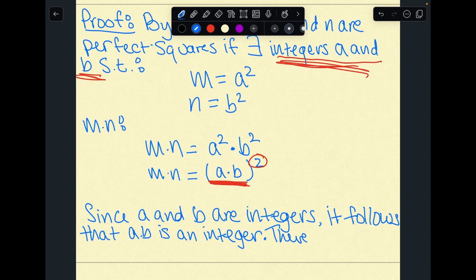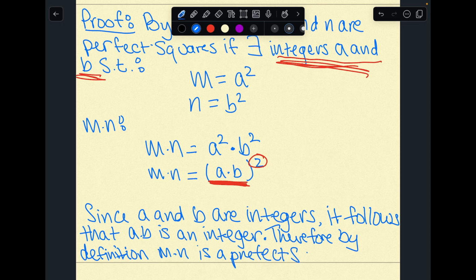Therefore, by definition, m times n is a perfect square. And that's the end of the proof.